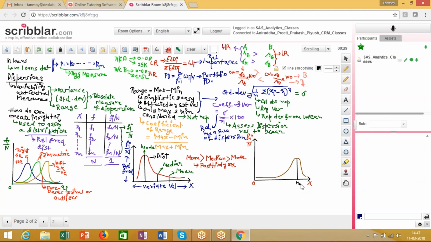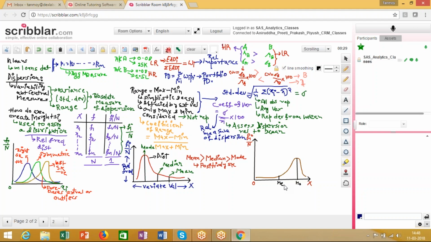So this is the mode of the distribution that I have, because this is the value which occurs with the highest frequency. Now the median is again the midpoint of this line segment, which is towards this one. The median is that value which divides this line segment OX into two equal halves.